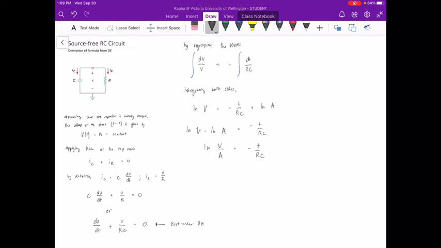Now, to eliminate the ln, we take both sides to powers of e.